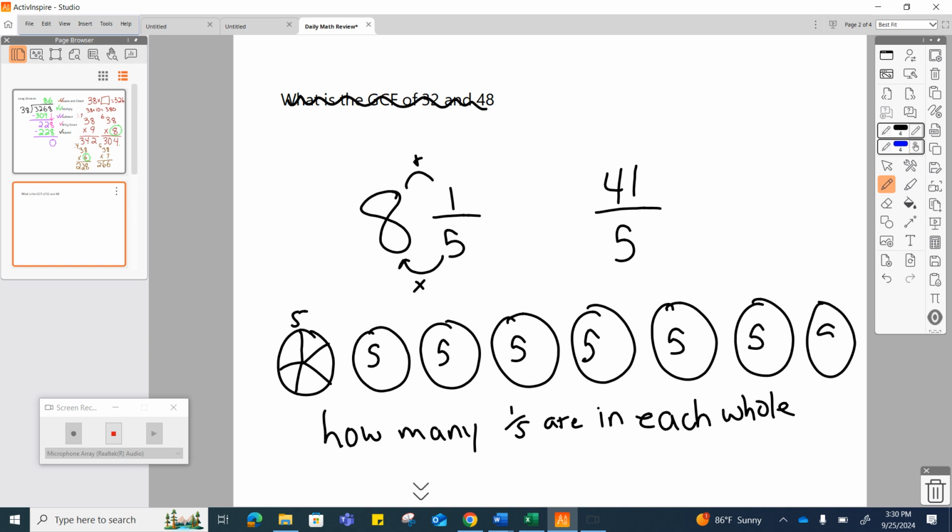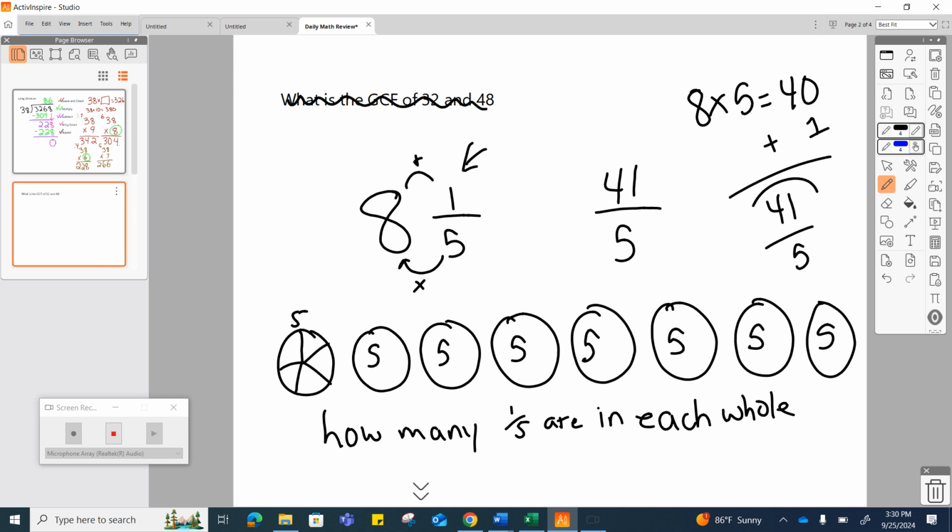So if I counted 5 plus 5 is 10, plus 5 is 15, plus 5 is 20, plus 5 is 25, plus 5 is 30, plus 5 is 35, plus 5 is 40, or 8 times 5 gave me 40. And then I had this 1/5 left over. So that's how I got my 41 fifths. Okay? Thank you so much for watching.